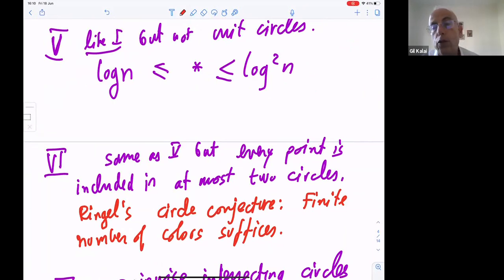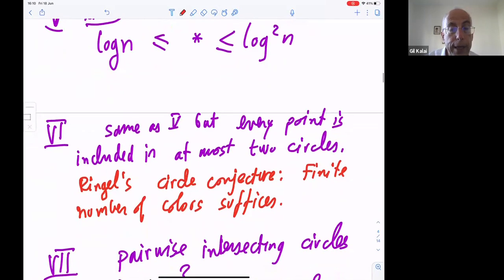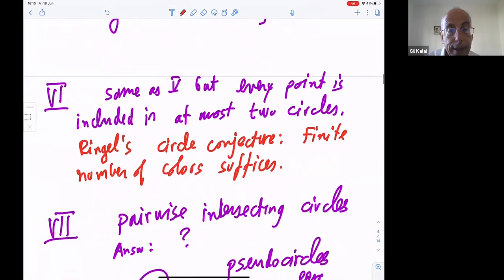This time we don't assume that they are non-overlapping, nor that they are intersecting, but we assume that every point in the plane is included in at most two of the circles. A conjecture of Ringel, and this is still open, says that a finite number of colors suffice. This is an interesting conjecture, which is open for many degrees.